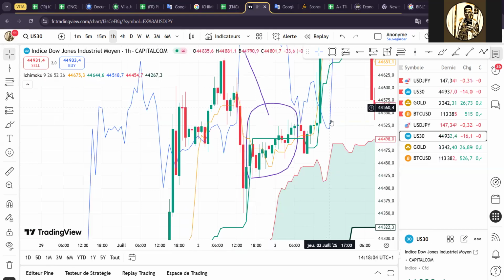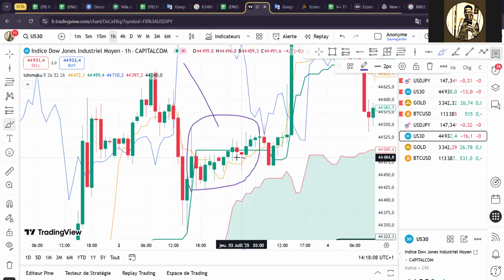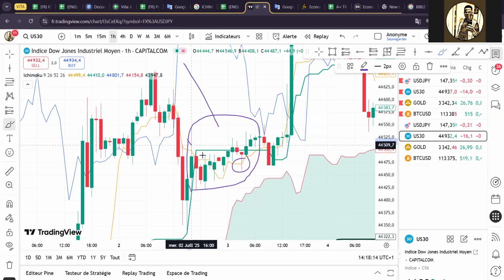There are two ways to enter here. Let me show you first the first way. The correction can be ending. When do you know that the correction is about to end? When Tenkan is going down like this, it is still a correction, but as soon as Tenkan is moving to the upside and creating this high, this inclination to the upside, it is already the start of the end of the correction.